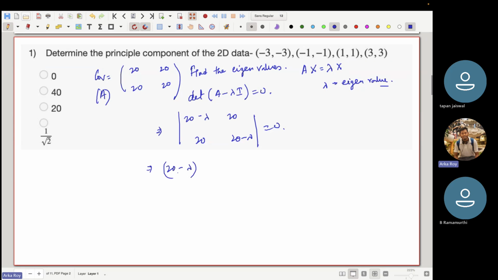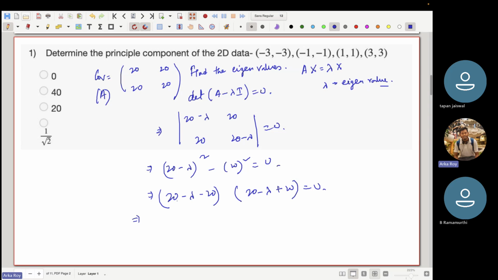Now we have to solve the determinant: this square minus this square equals 0. We can see an a square minus b square format, so I can write 20 minus lambda minus 20, and then again 20 minus lambda plus 20.